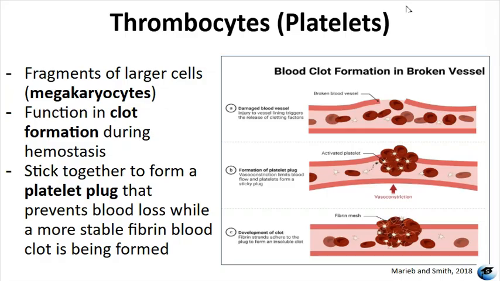So when a vessel is damaged, platelets will stick together at the injury site to form a temporary plug, and this plug helps to quickly reduce blood loss. While the platelet plug forms, a more stable clot made of a protein called fibrin is created to reinforce the plug and seal the wound. So platelets are important first responders in that they prevent excessive bleeding and help the body to heal after injury.